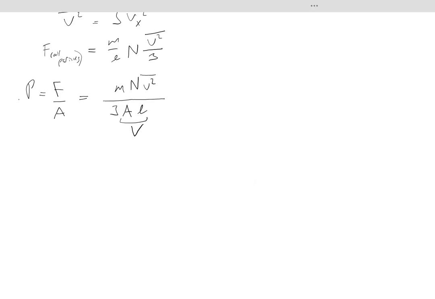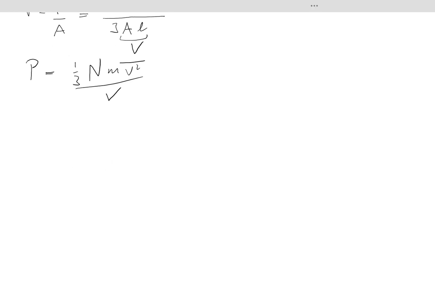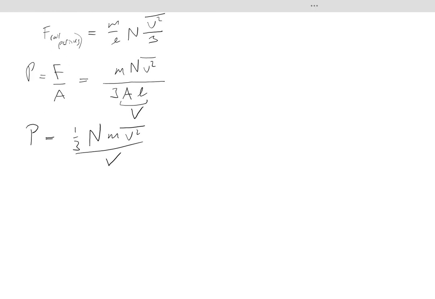So now what I have is that the pressure is equal to 1/3 times the total number of particles times m times the average of the square of the speeds over V. This is starting to look hopefully very familiar, because I could turn this into pressure times volume is 1/3 times the total number of particles times m times the average of the square of the speeds. So the pressure times the volume is constant.